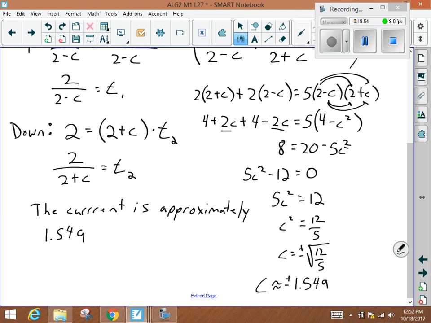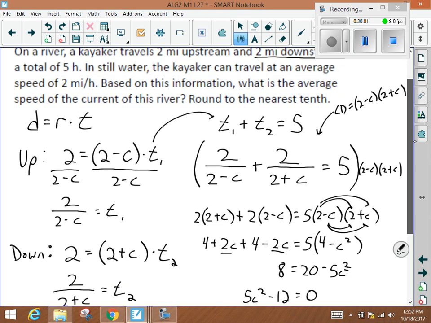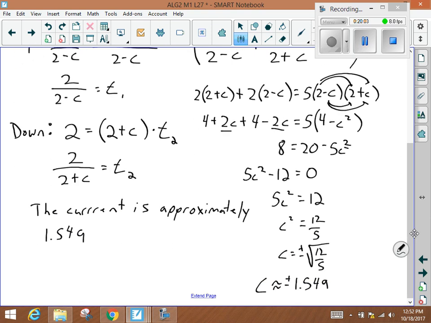And what were our units that we used? I believe it was miles per hour. Perfect. So we can say miles per hour if you wanted to. Or if you wanted to abbreviate that, that would be fine. All right.